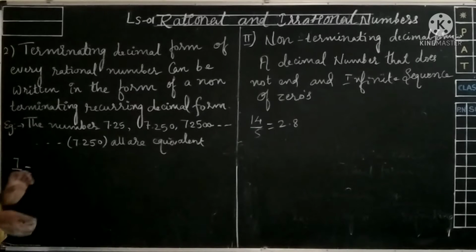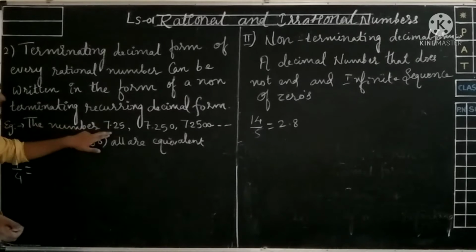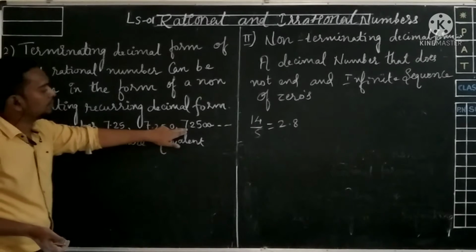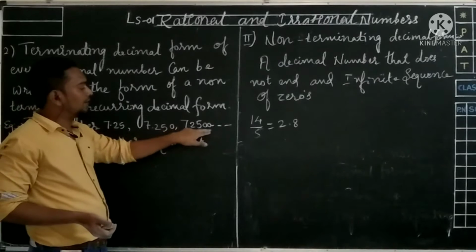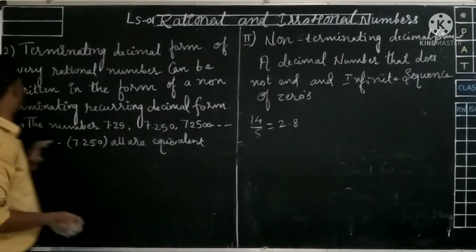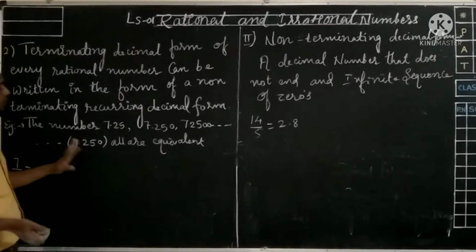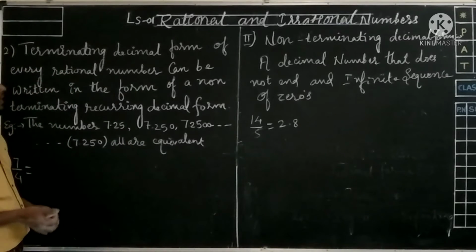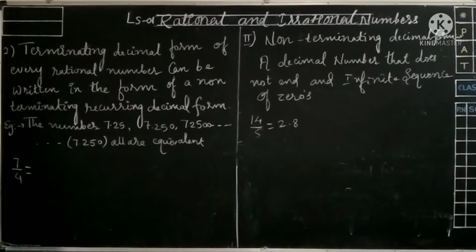For example, the numbers 7.25, 7.250, 7.2500 and so on are all equivalent. Here a terminating rational number is given.